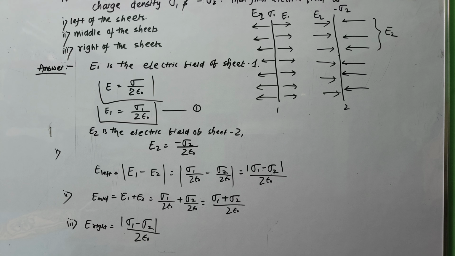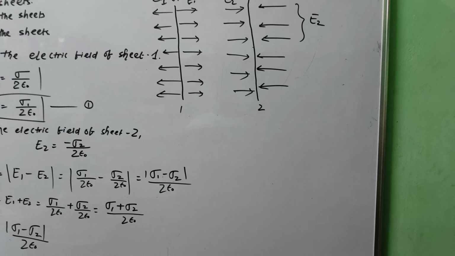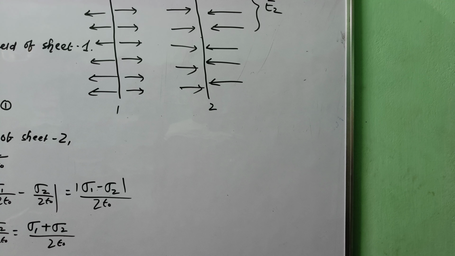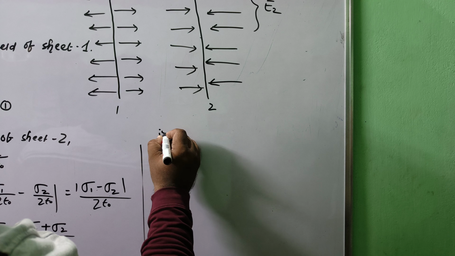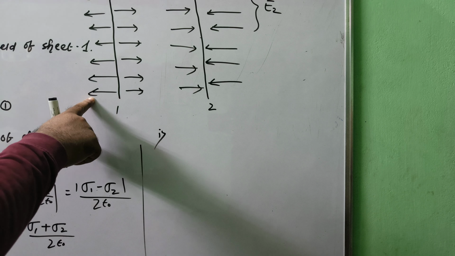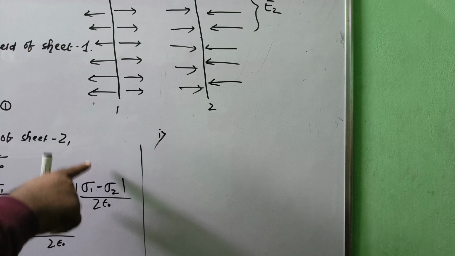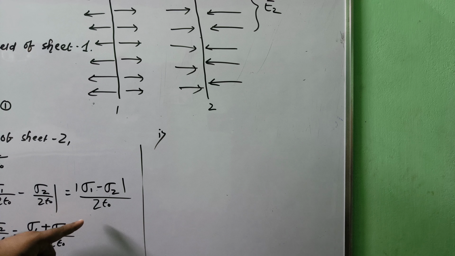These are the three answers, and to specify the direction, let me take you to this position. Now understand. For the first case, to the left, you have been given that mod of sigma 1 minus sigma 2 divided by 2 epsilon naught is the net electric field.